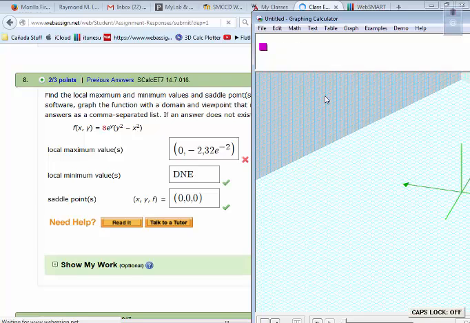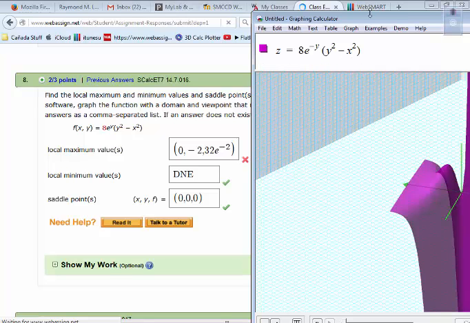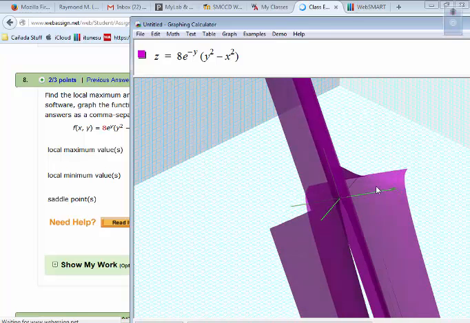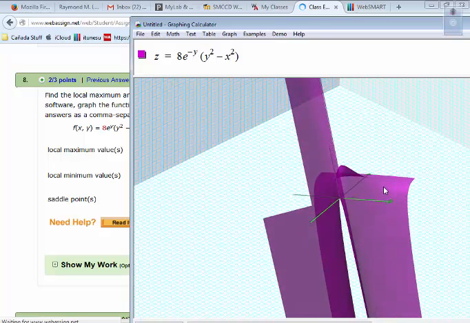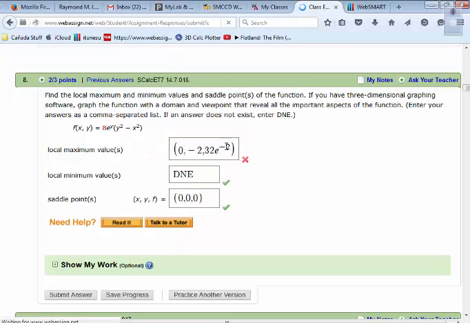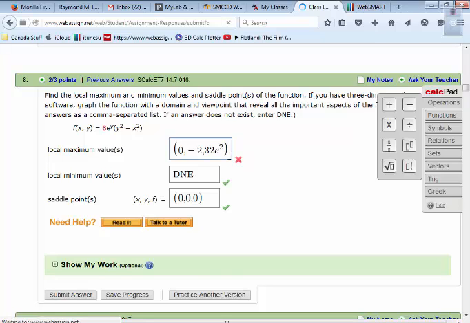Z is equal to 8e to the negative y squared minus x squared.